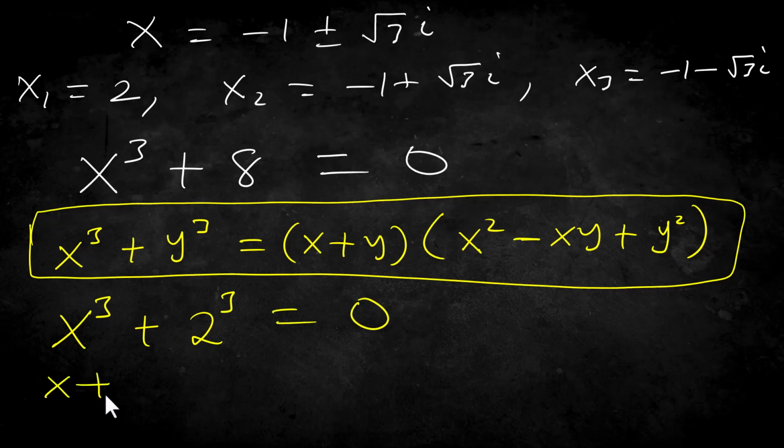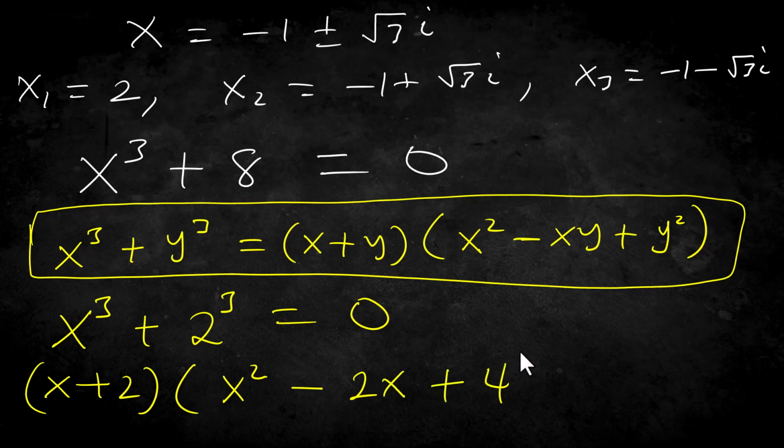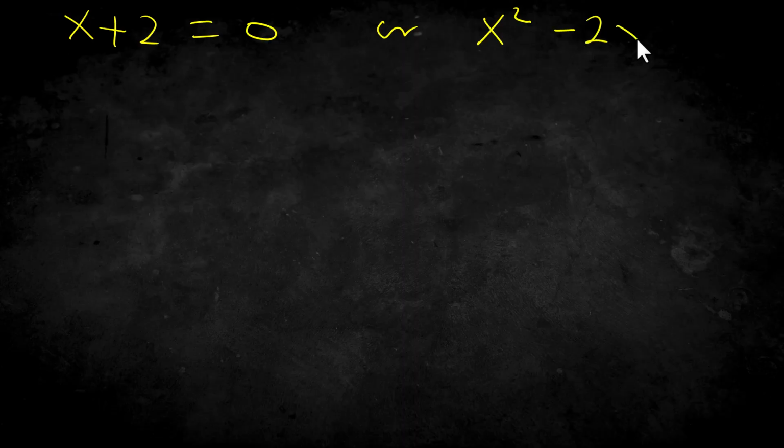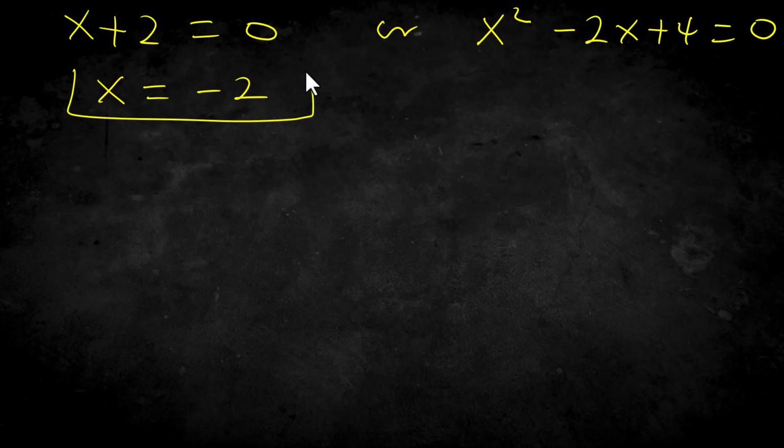So x plus 2 times x squared minus the product 2x plus 2 squared, which is 4, equals 0. Now with the zero product, x plus 2 equals 0, or x squared minus 2x plus 4 equals 0. So x equals minus 2.